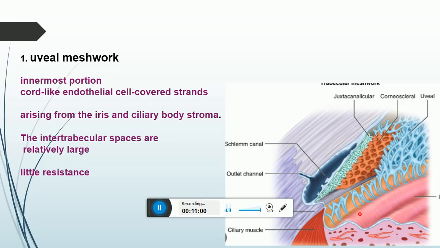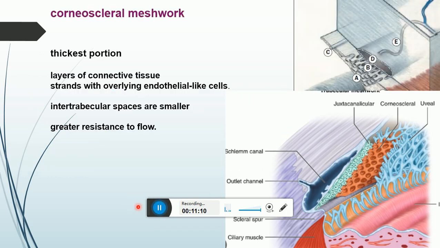The intertrabecular spaces are relatively large and offer little resistance to the passage of aqueous. Next is the corneoscleral meshwork. It lies external to the uveal meshwork to form the thickest portion of the trabeculum.